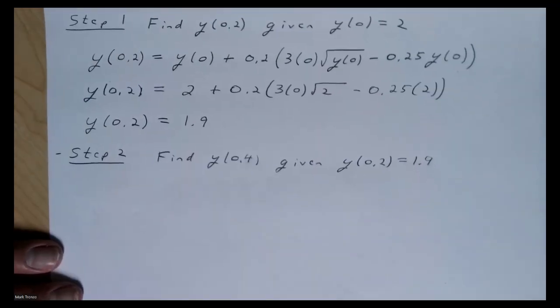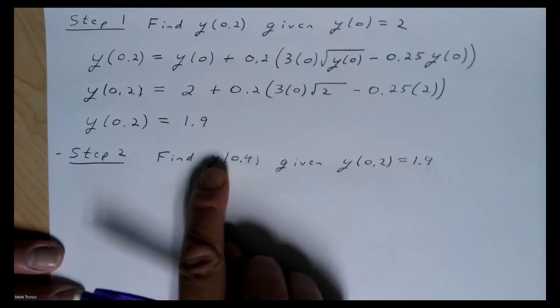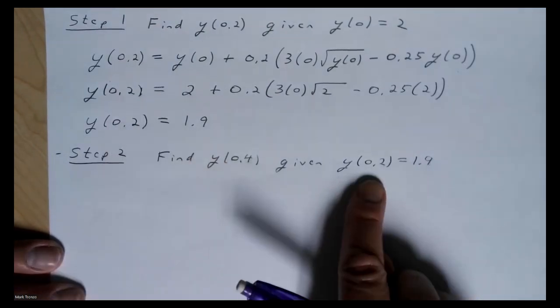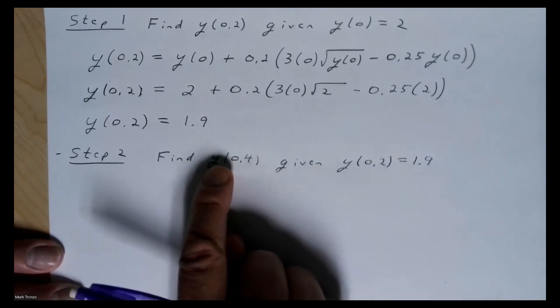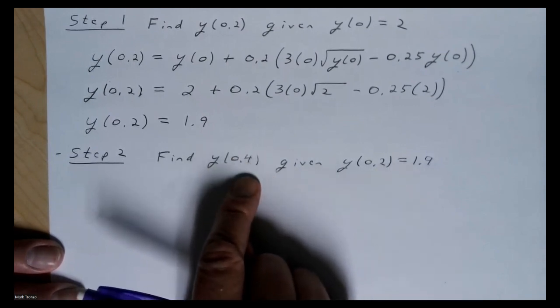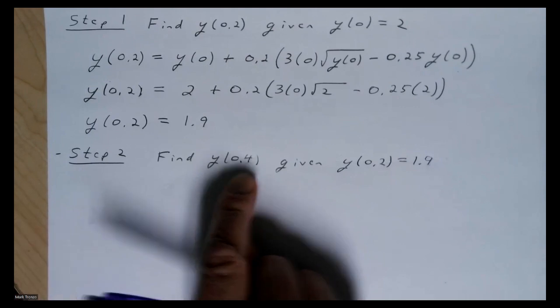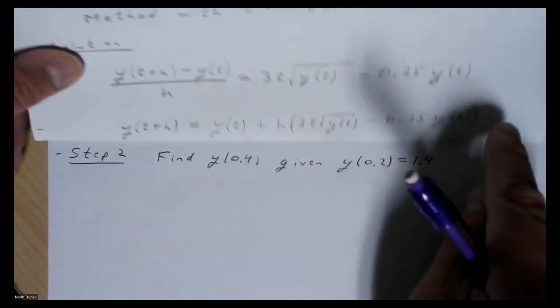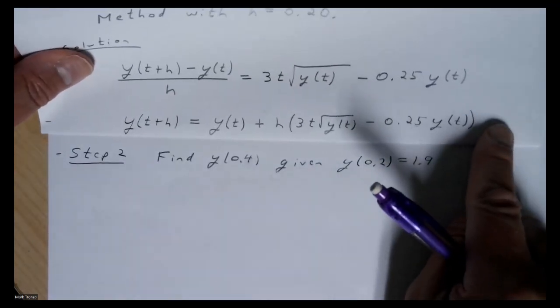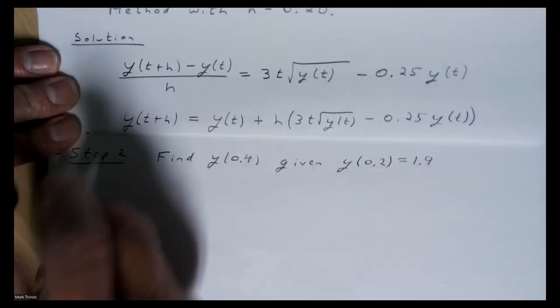Now we're going to find the next point. So again, we calculated y(0.2) a few seconds ago. Now we're going to find y(0.4). Remember, we're increasing by 0.2. And keep in mind, we've found y(0.2) is 1.9. So keep in mind the equation we're using, which is right here.